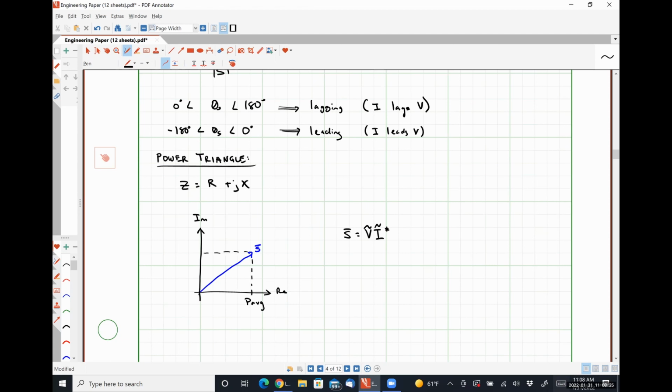And the projection of S onto our imaginary axis is our reactive power.